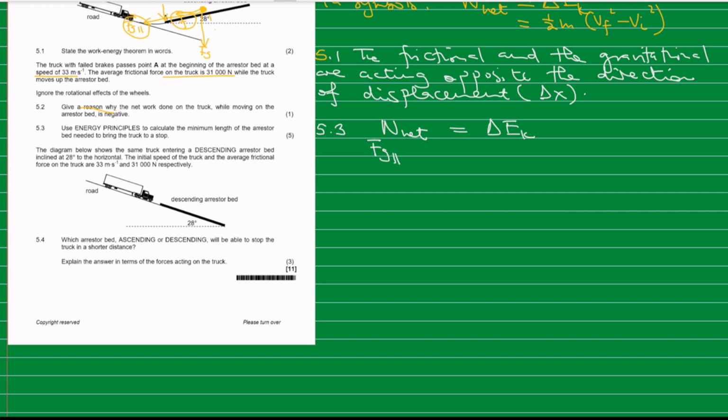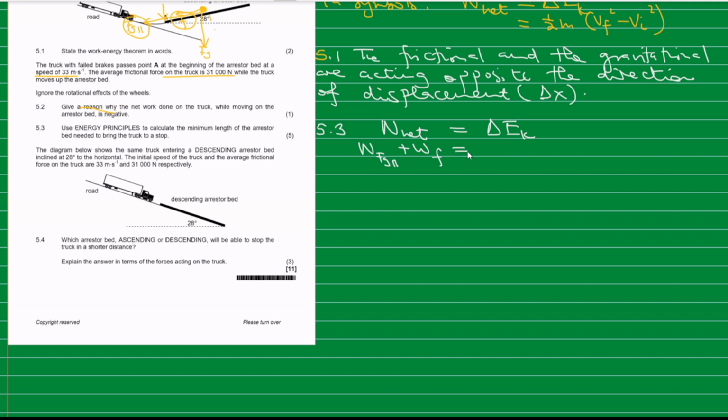Let's write it like this. We have the work done by the gravitational force, the Fg parallel, plus the work done by the frictional force. Those are the two forces acting there. The sum of these forces is our net work, the total work done by all the forces acting parallel to the direction of motion, or parallel to displacement.